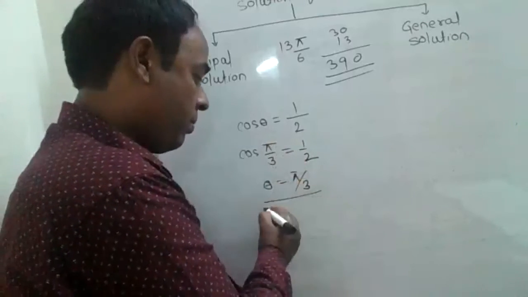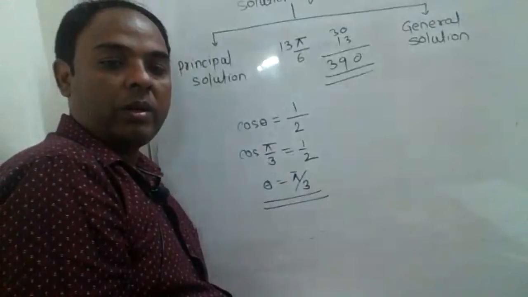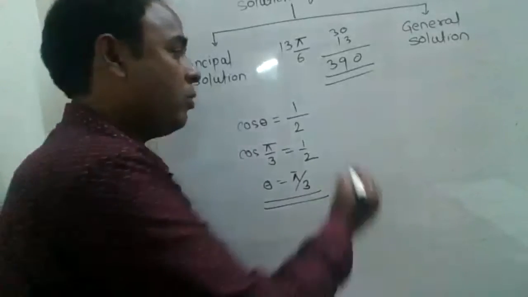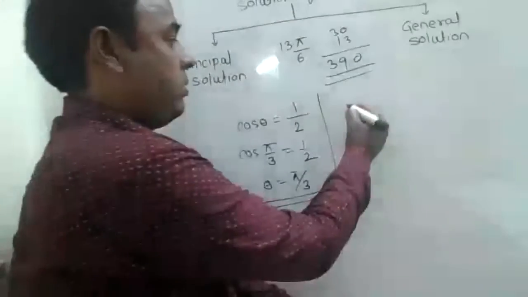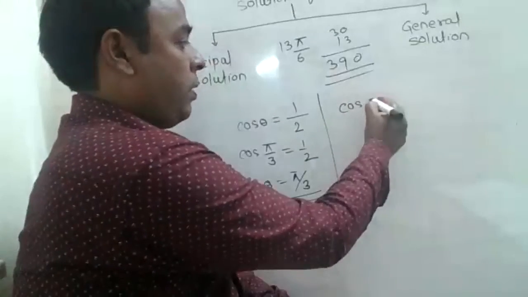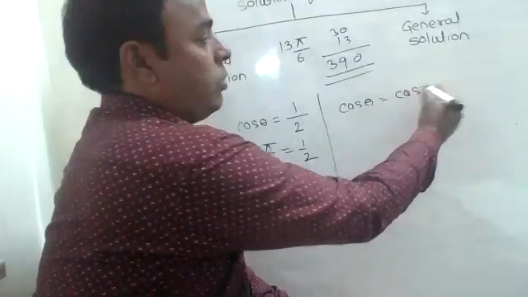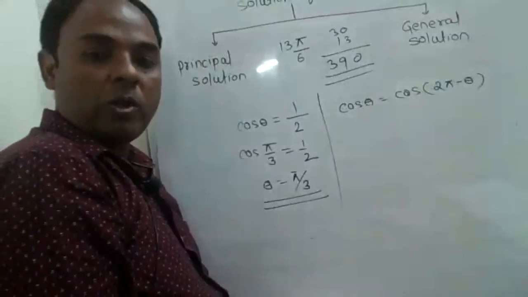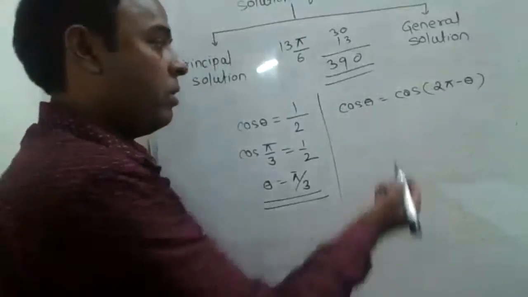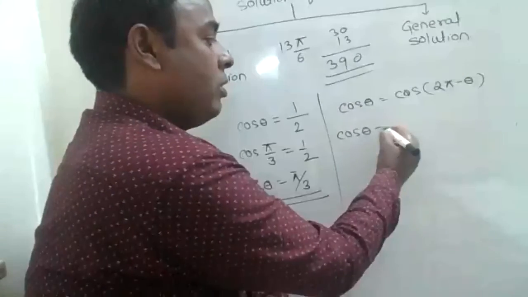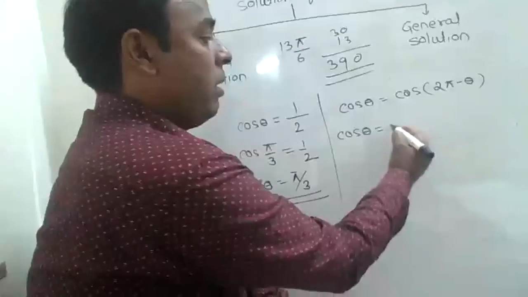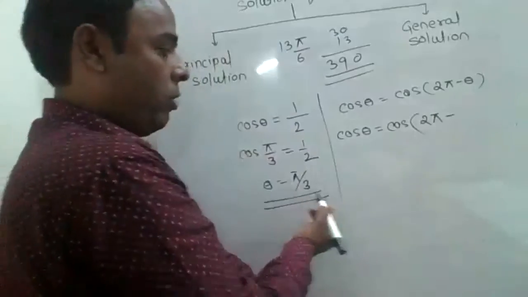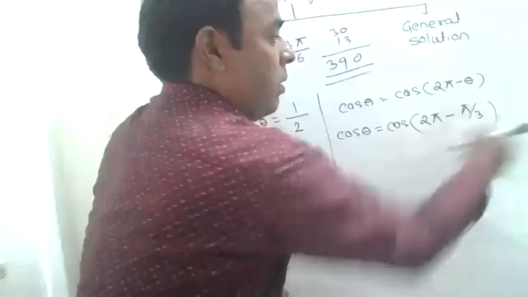So it is a principal solution of cos theta equal to 1/2. अजून काय आहे मित्र? Cos of 2 pi minus theta is the same as cos theta. So cos theta is equal to cos of 2 pi minus pi by 3.